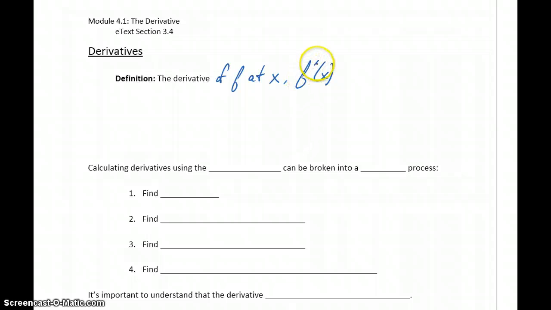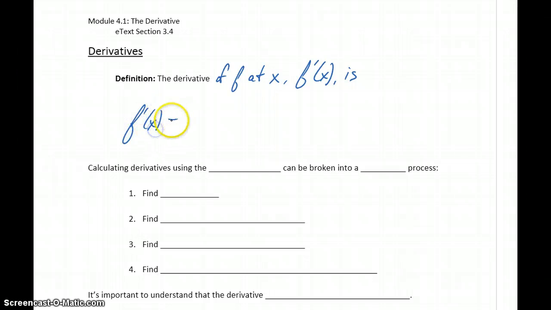But for right now, we'll stick with this f prime of x. That's sort of an apostrophe, a tick mark there. And we would read that as f prime of x is just the instantaneous rate of change for our function at some given point x.